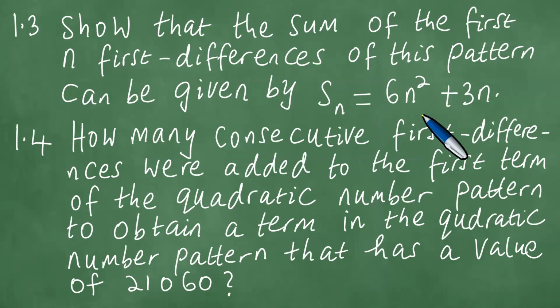So what's the answer to this? The answer has already been given. You need to show that the sum of the first differences of this pattern can be given by this.